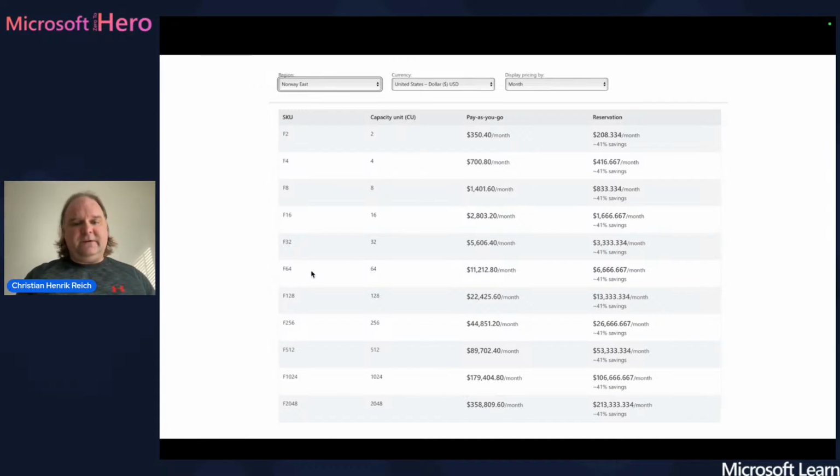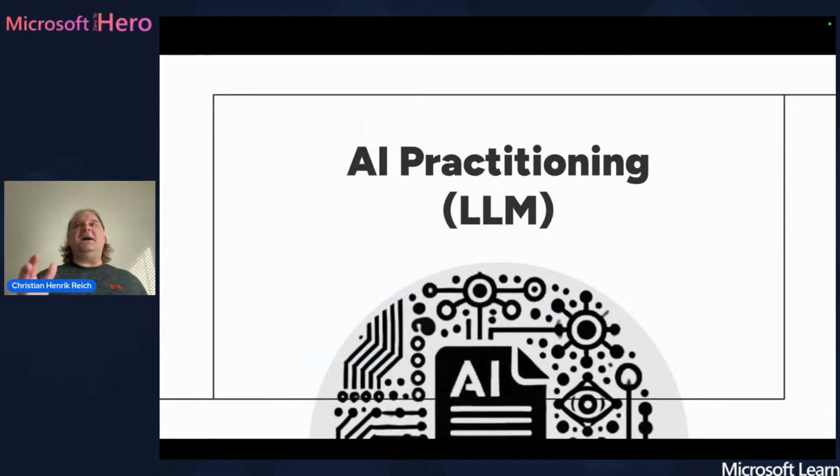So that was the assisting AI, and that will help the consumers of the products we are creating in Fabric. But let's go to some AI practitioning, because if we are a developer, we are stepping into the area where we might find it funny.